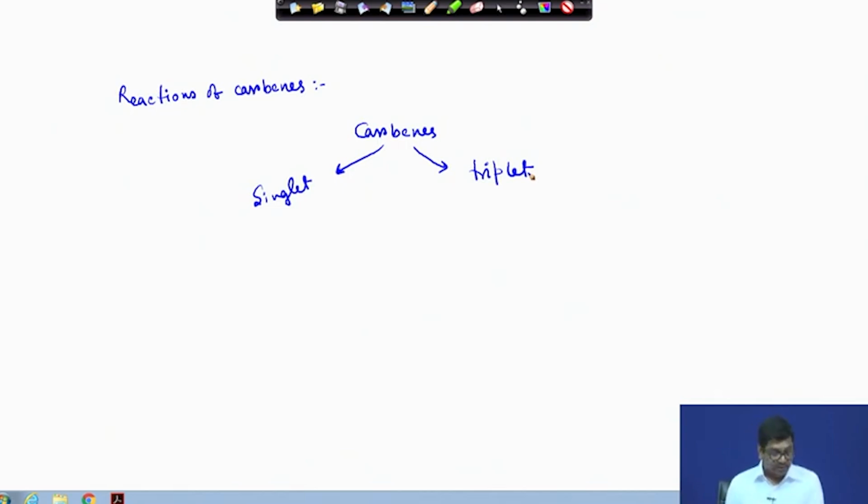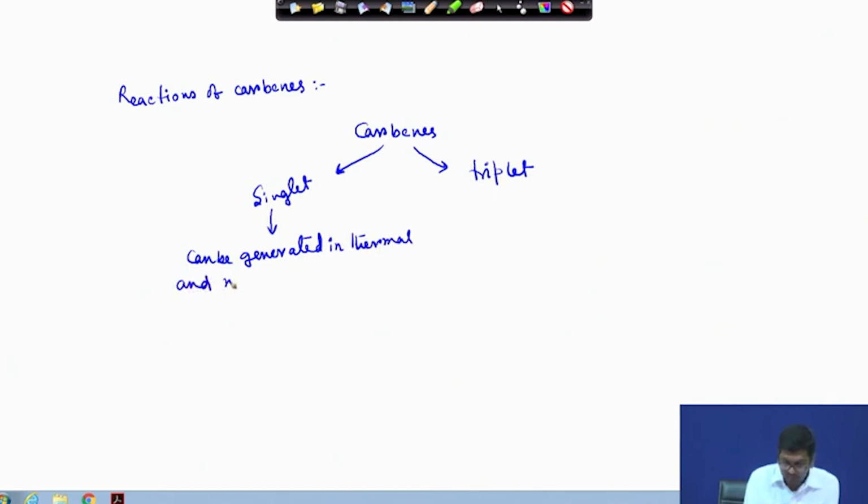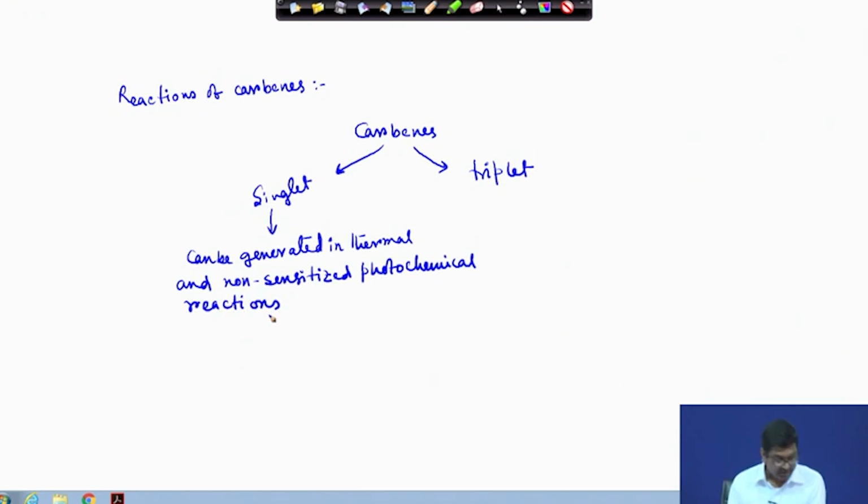In general, singlet carbenes can be generated in thermal and non-sensitized photochemical processes, whereas triplets can be generated by irradiation in the presence of a sensitizer.